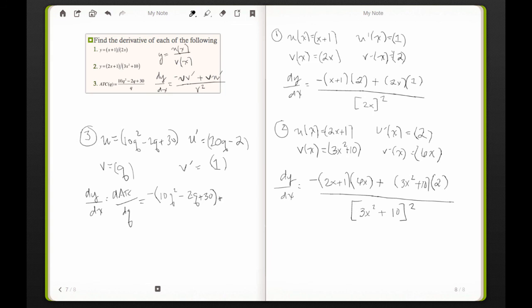Plus q times u prime, which is 20q minus 2. And divide that whole thing by the square of this v function. Again, I like to put everything in brackets down here, squared. So there's your answer, and this is totally acceptable.